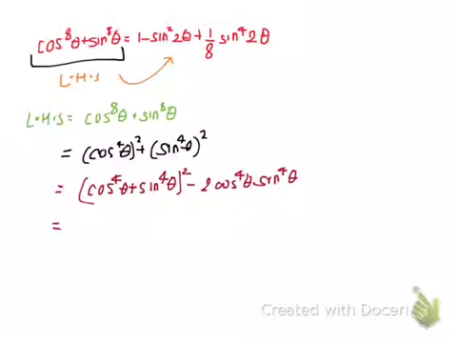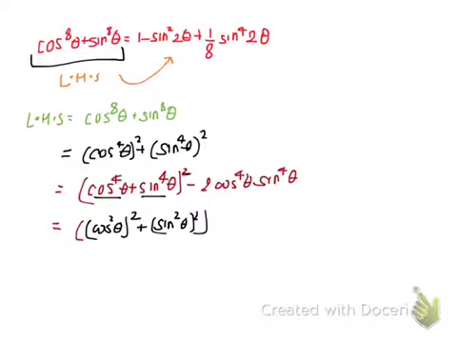And once again I'm gonna change cos 4 theta and sine 4 theta in terms of its square. So I have cos squared theta and then whole squared and sine squared theta and then the whole squared, and here comes my next whole squared minus the remaining term. I'm gonna write it as it is.